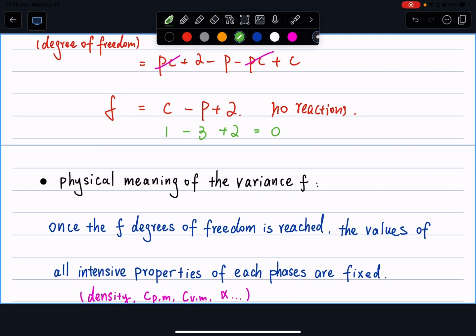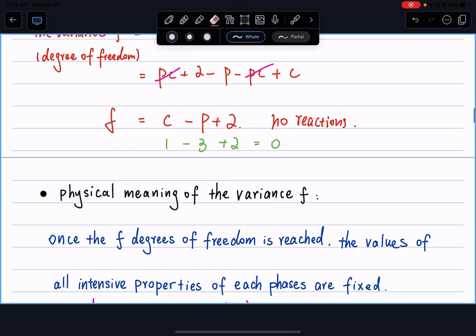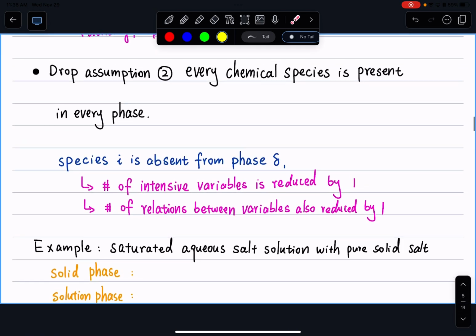All right, but let's continue our discussion. Here we still have our two assumptions in play when we look at this form of the degrees of freedom. Let's see how we can make this phase rule more generally applicable and drop those two assumptions. First, let's drop assumption 2, that every chemical species is present in every phase.